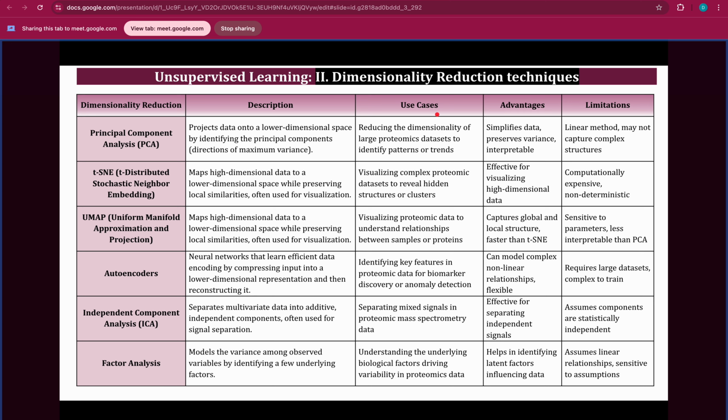So where can you use it? You can use it to reduce the dimensionality of large proteomic data sets to identify patterns or trends. For example, if I have taken a sample from a normal person and a cancer patient, and I am comparing their proteins, there might be certain features which do not vary at all.